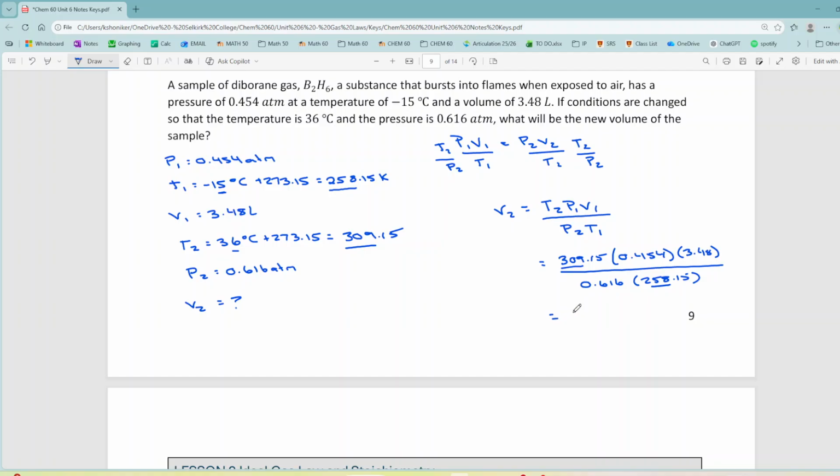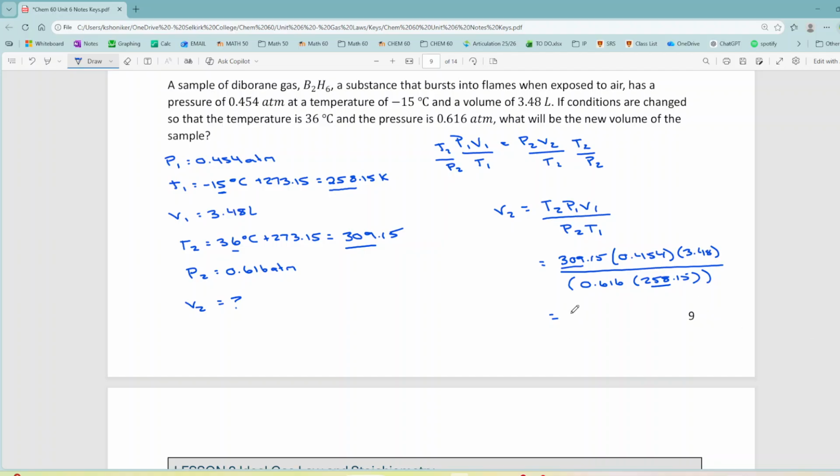So then I'm going to plug this all into my calculator. 309.15 times 0.454 times 3.48 divided by 0.616, and then I personally just hit divided by again, 258.15. Otherwise, if you're going to use multiplication, make sure you do divided by bracket this times this, unbracket.